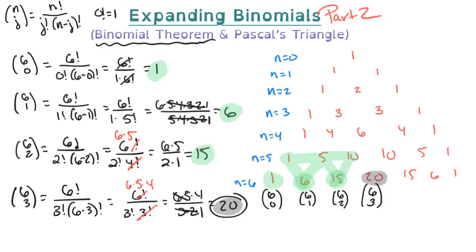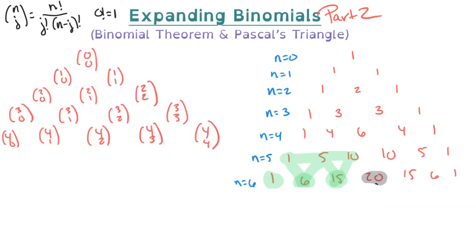In fact, a lot of times you see Pascal's triangle written like this. Due to space, I only wrote out the first n equals 0 to n equals 4, but for each of these entries here, 4 choose 0 gives us 1 if we used our formula, 4 choose 1 should give us 4, and 4 choose 2 should give us 6.